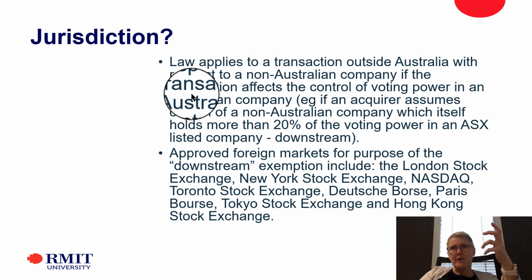If the rules have been followed in the upstream markets, then the ASX effectively allows for those rules to be used instead of the Australian rules. So if there's been a takeover transaction or a change of control in voting shares in a company that's on the London Stock Exchange, New York, NASDAQ, Toronto, the others that are listed there, which has the downstream effect of changing control in an Australian company, then it's considered to be a compliant transaction.